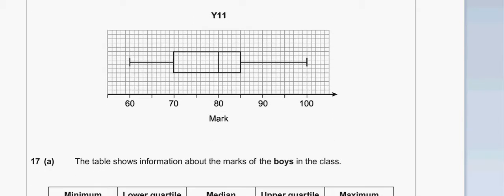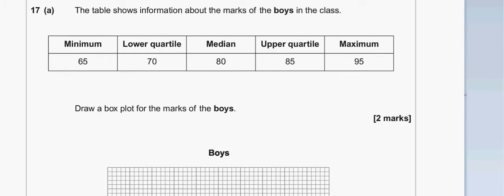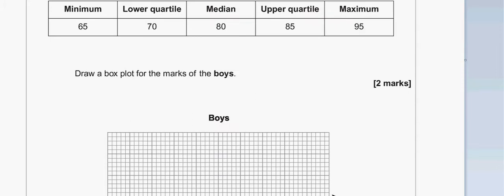So the table has information about the marks of the boys in the class. So we have a minimum 65, maximum 95, and so on. So all it wants us to do is draw a box plot for the boys. So that's nice and simple.